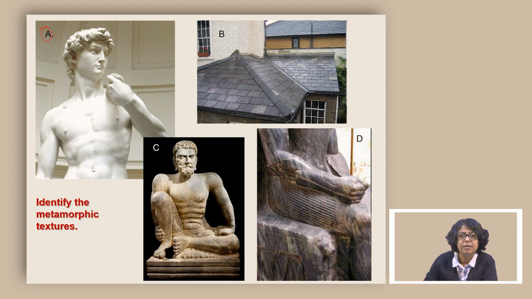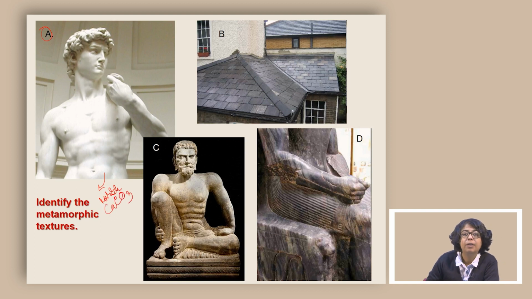A has a texture which does not show any color variation. It is white in color, and what we see is there is no foliation to it. So, there is no preferred direction which tells us anything about the compression or any kind of preferential stress. This is an example of a marble. This is calcium carbonate.